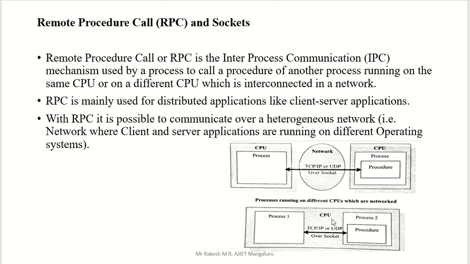And in another case, process 1 and process 2 are both in the same CPU. Even with two processes in the same CPU, communication happens through TCP and UDP protocol, also called the internet. So this is the method we are going to use in task communication. That is the remote procedure call method.